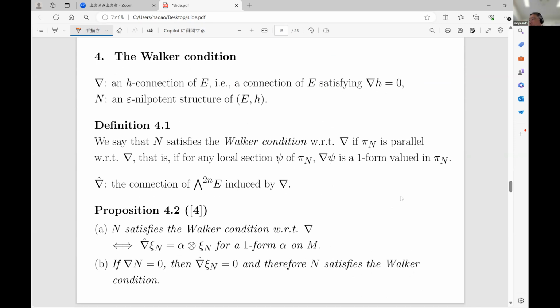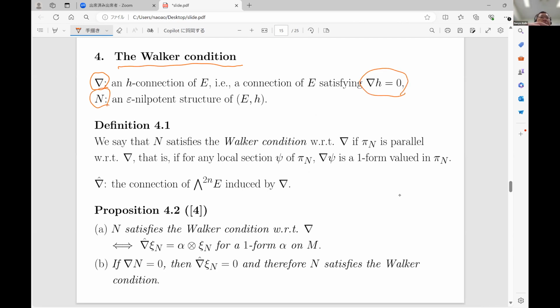In this section, I will explain the Walker condition. The Walker condition is derived from the definition of Walker manifolds. Let nabla be an H connection of E. Then nabla is a connection of E satisfying this.